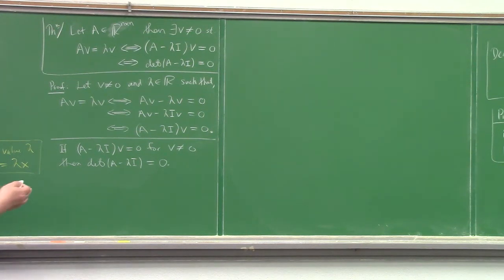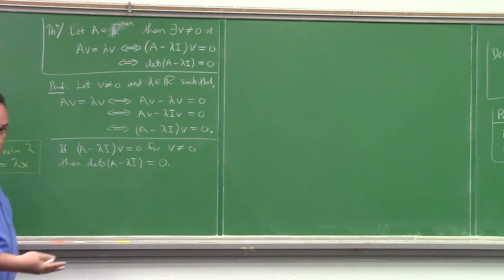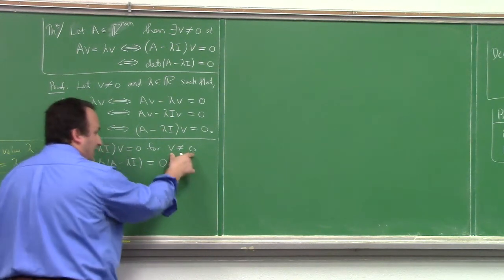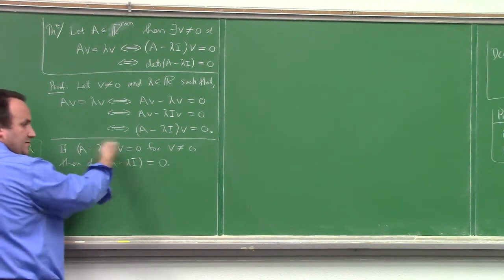What I'm saying is, if the determinant was non-zero, then the matrix A minus lambda I would be invertible. And then you can multiply by the inverse, and you would get that V equals 0 is the only solution. But we're assuming here that V not equal to 0 is a solution, and the 0 solution is always there.